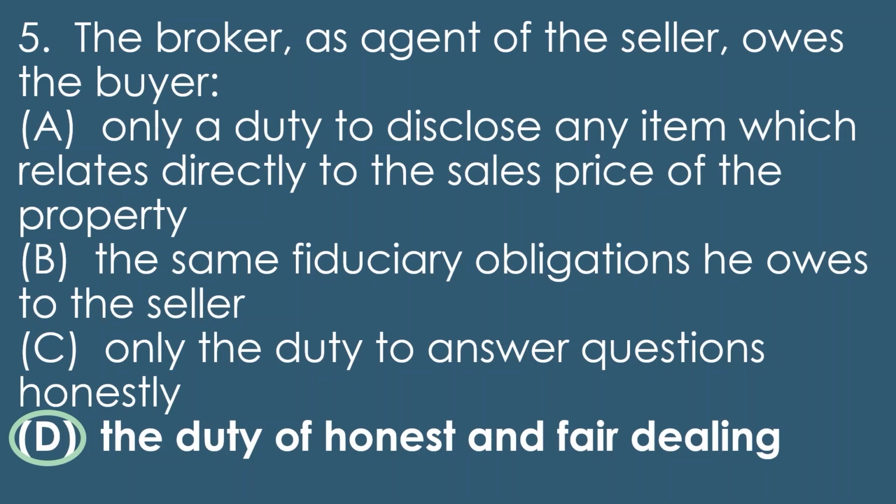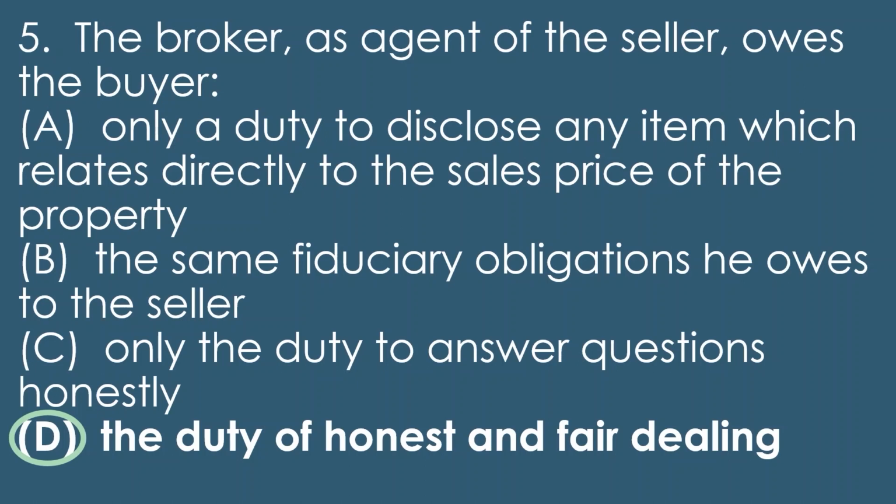As well, though, there is the duty to disclose all material facts about a property. So, only a duty to disclose any item which relates directly to the sales price of the property? No, that's not the only duty the agent has. And the agent does not have the same fiduciary obligations to the buyer as he does to the seller. He only has fiduciary obligations to the seller. Only the duty to answer questions honestly?